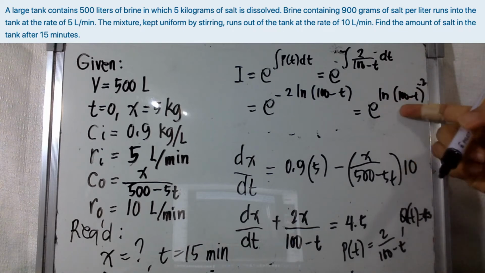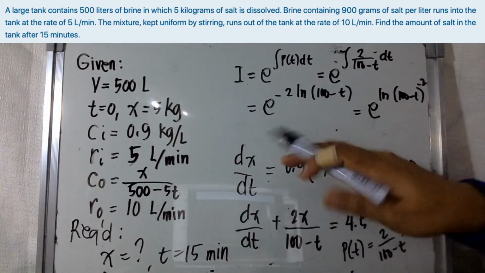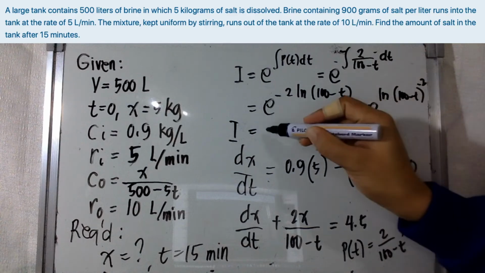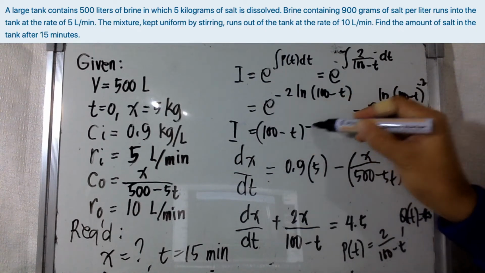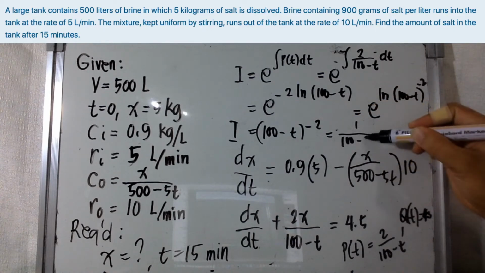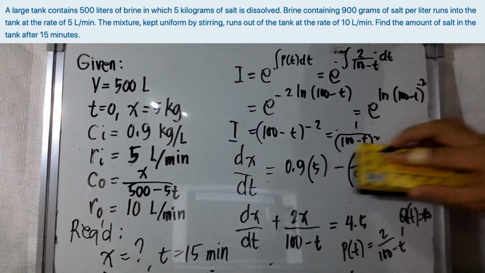Okay, now e raised to ln of something is equal to that something. So the integrating factor is equal to 100 minus t raised to negative 2, or this is equal to 1 over 100 minus t squared, to make the exponent positive. Let me erase this part first.